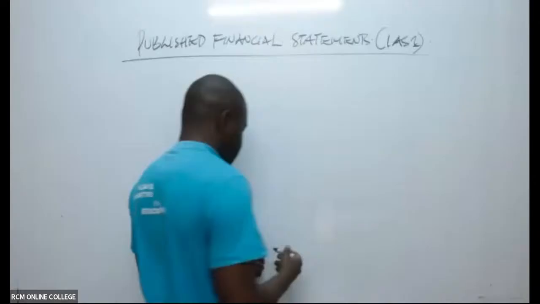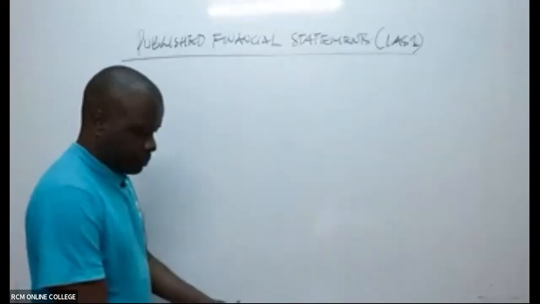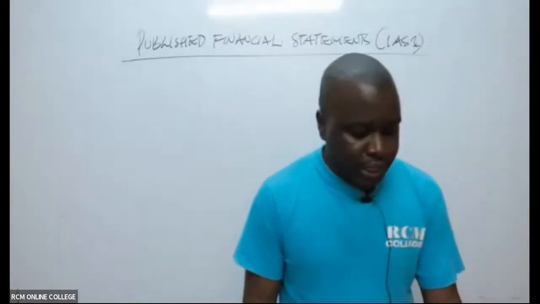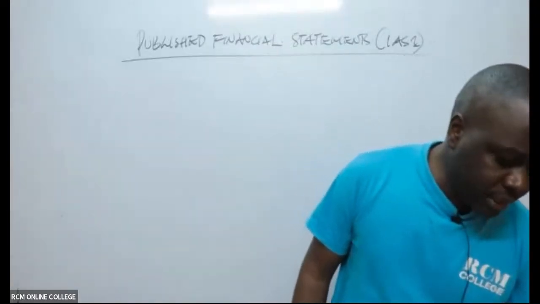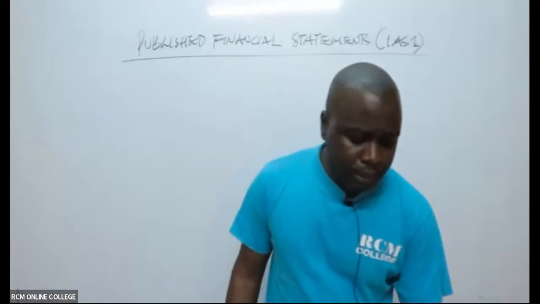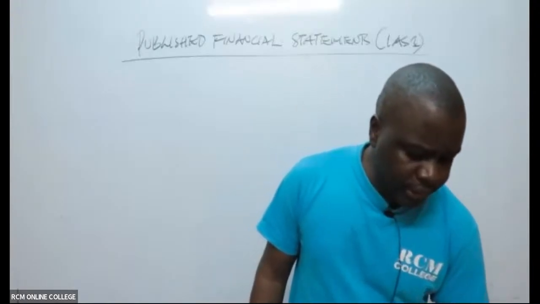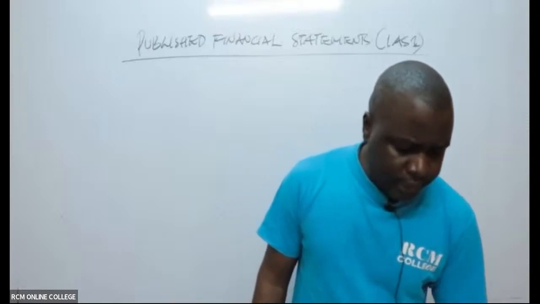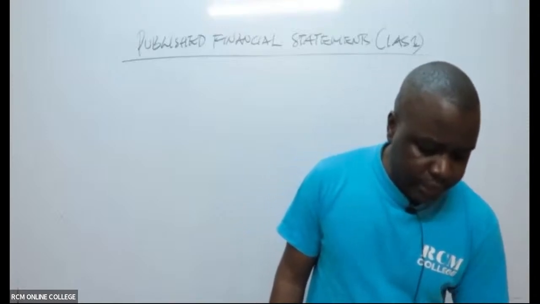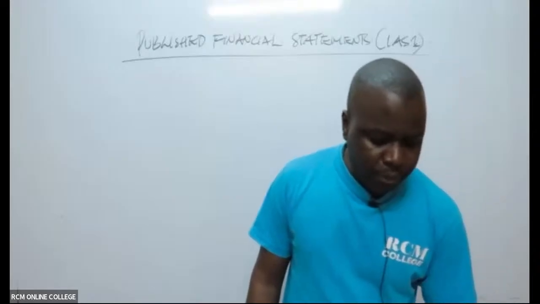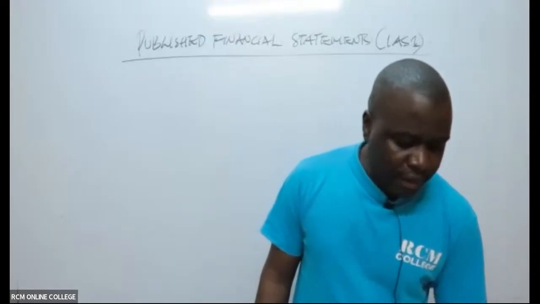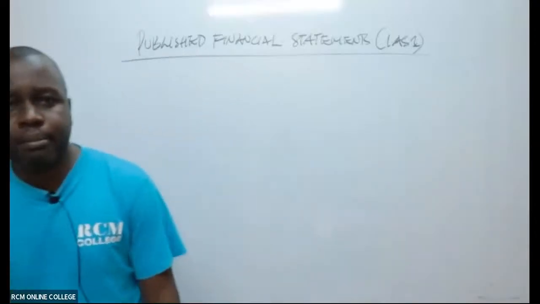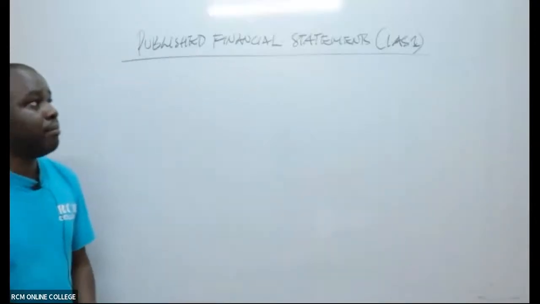Just from the word published, these are simply financial statements which are actually published. In most instances, you must have learned somewhere else that certain entities, when they prepare their financial statements, have to publish them or make them public.